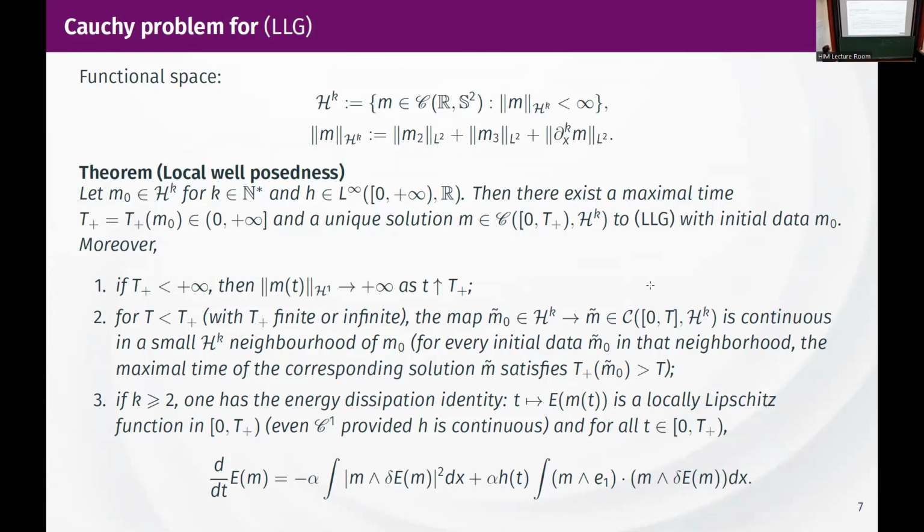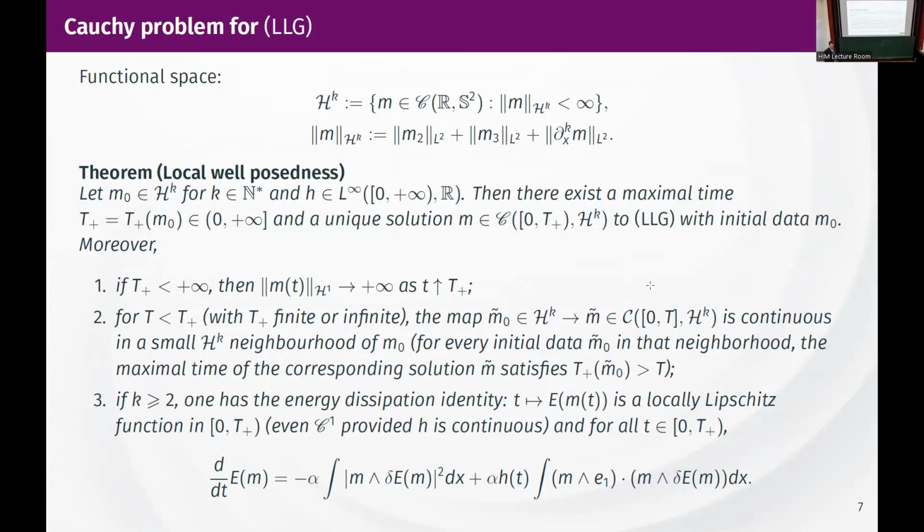And this theorem tells you that if you give yourself an external field and a magnetization in this space, for k at least 1, then you can construct a unique, strong, well, mild solution, which is continuous with values in curly H. And well, you cannot a priori rule out blow-up, that is concentration of energy, because you have the external field.